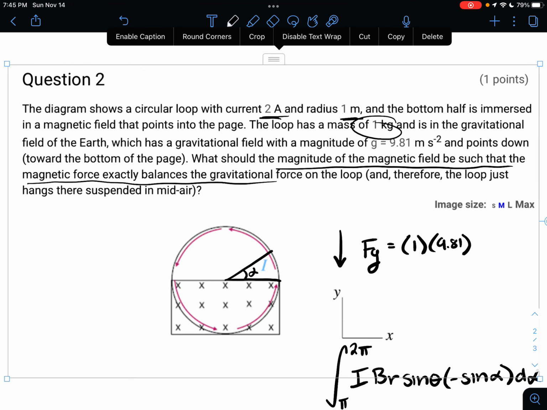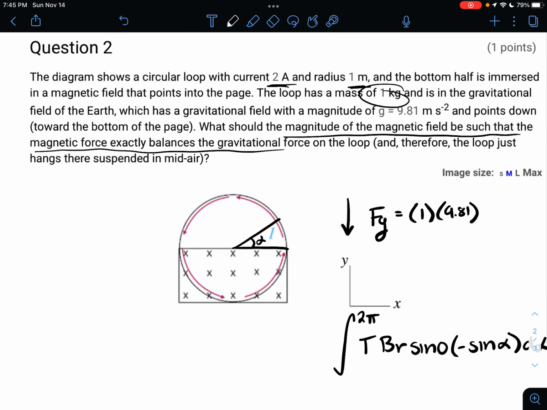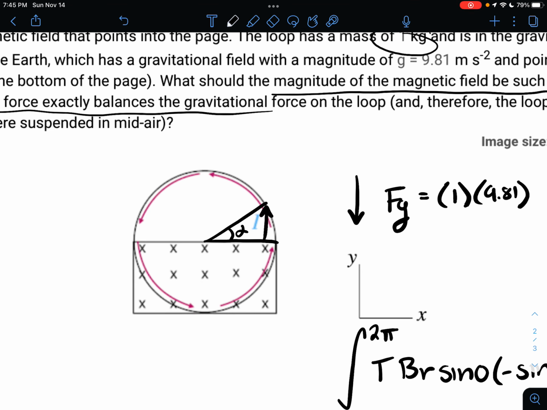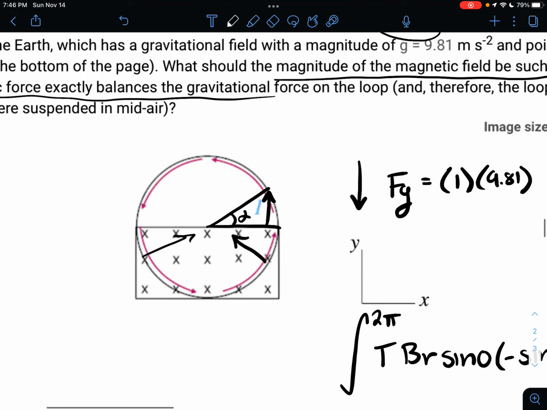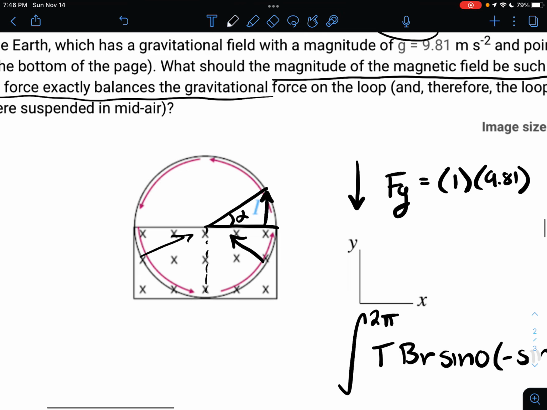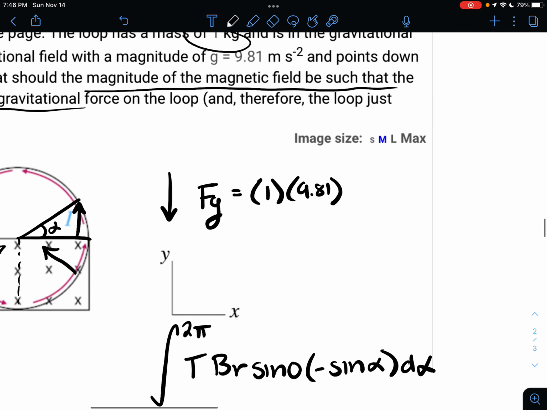We're going to be looking for the y component, because we have symmetry in the x direction, where the x components cancel out. We're just looking for what's going to add up in our y direction here.